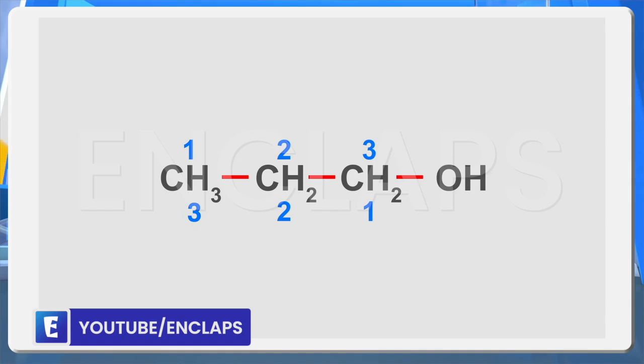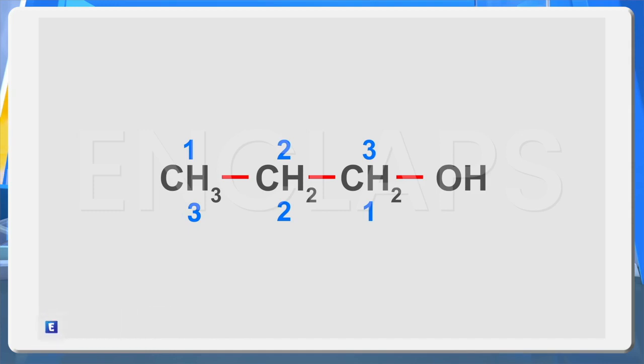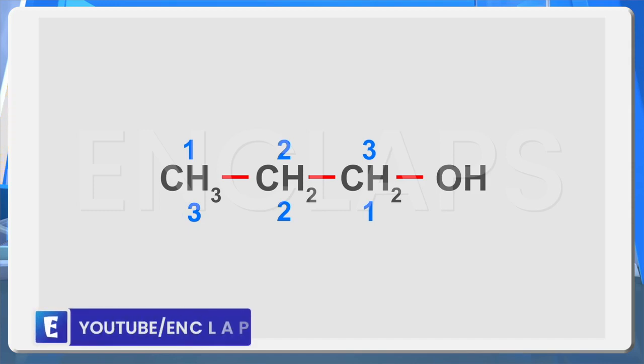So what is the name? We have to replace the E of the corresponding alkane with ol. Before that, we have to mention the position of the OH group. In the first compound, there are 3 carbon atoms. So the word root is prop and the corresponding alkane is propane.